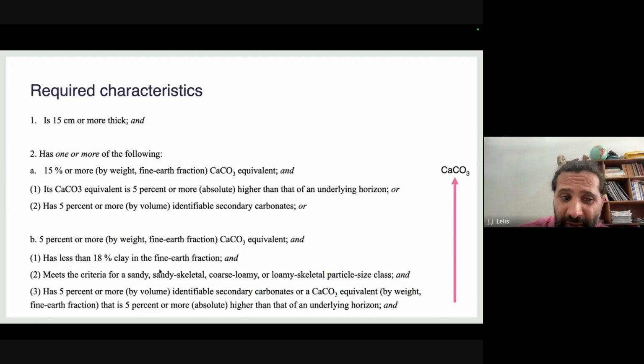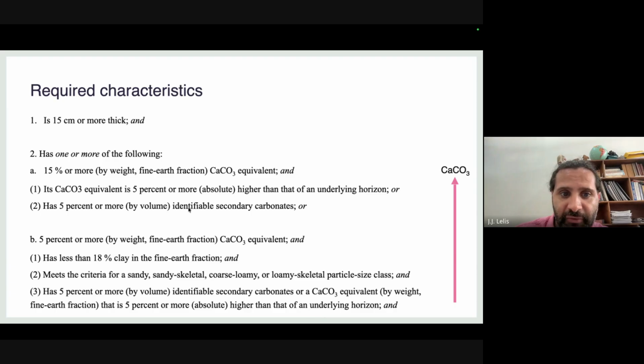So the clay content is not high, and it has 5% or more secondary carbonates, as I show you. That's 5% or more higher than that of an underlying horizon. So I can see more secondary carbonates than in the underlying horizons, okay?